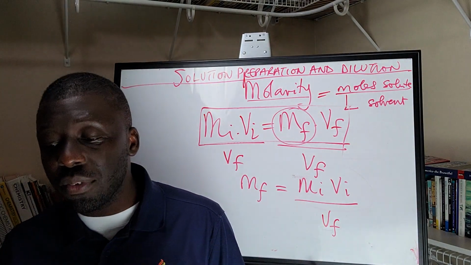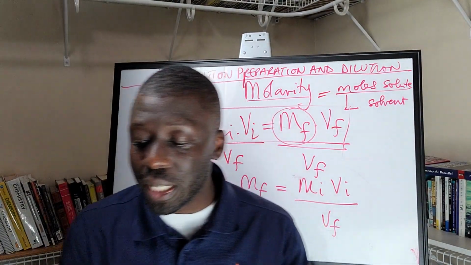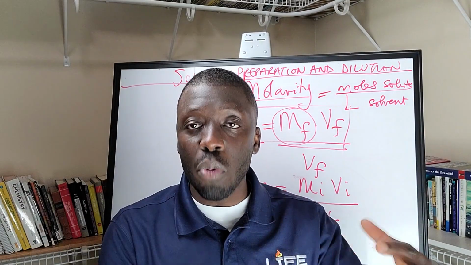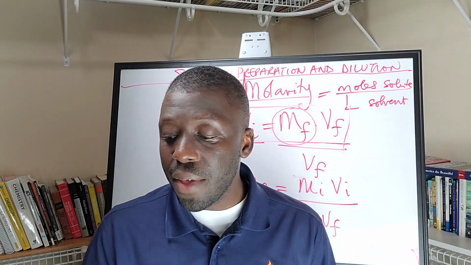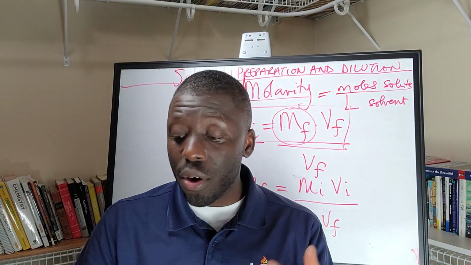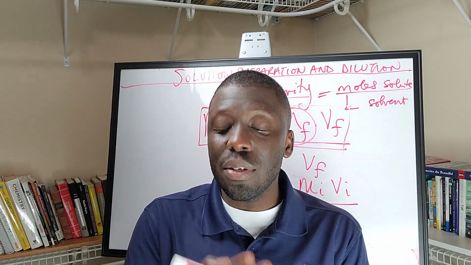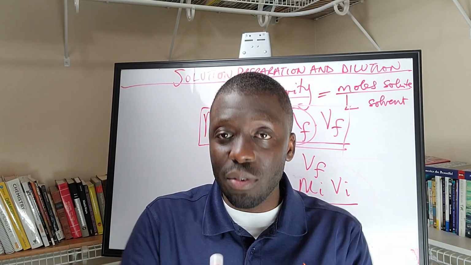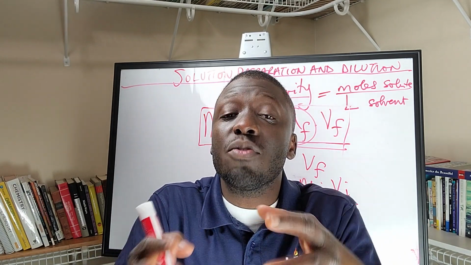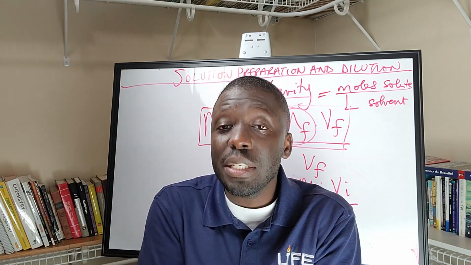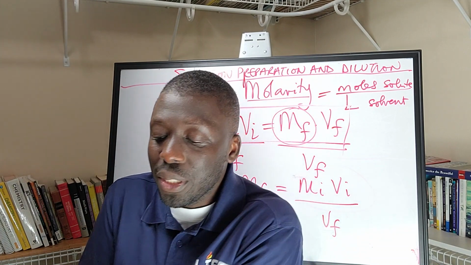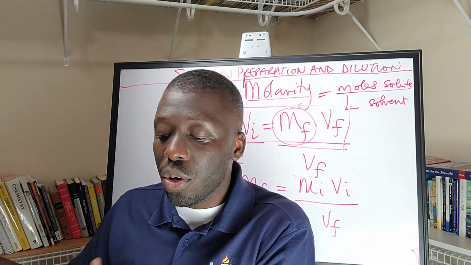Next, preparation of solutions of a given molarity. You have a stock solution before dilution, for example 6 molar hydrochloric acid, with a certain amount of solution of that HCl. Then you add water to it, and it becomes 0.1 molar HCl.